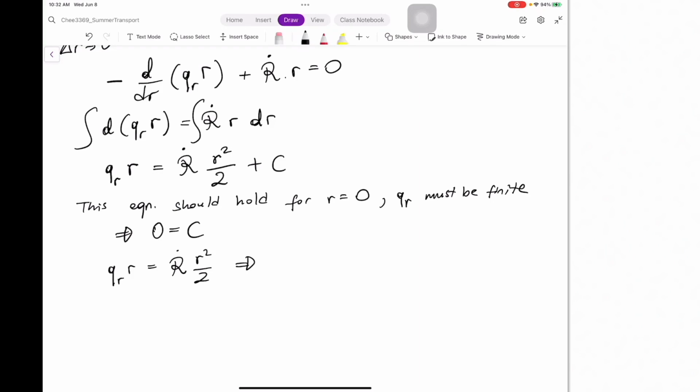If you do the simplification, divide by R, QR, the heat flux as a function of radius is nothing but the fancy R over 2 times R. This is the heat flux as a function of R. Any questions so far?